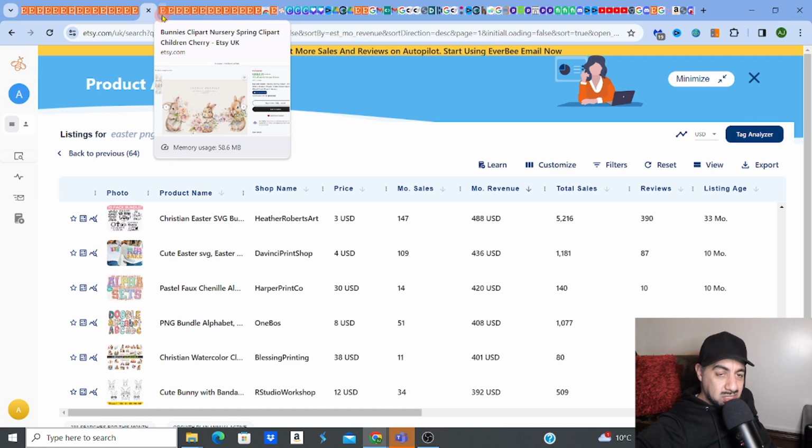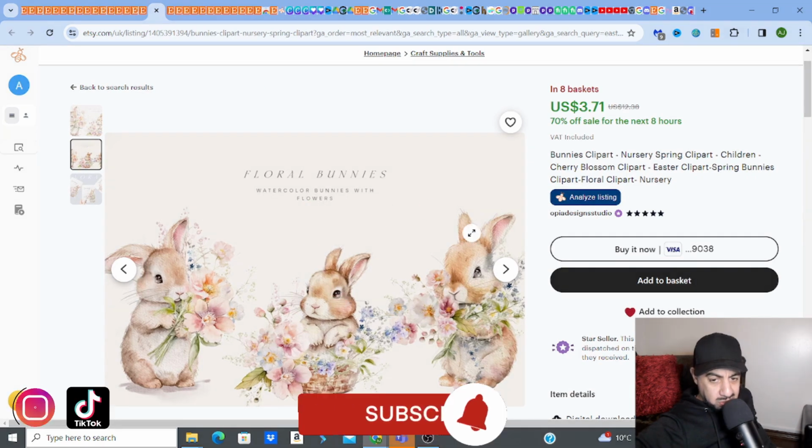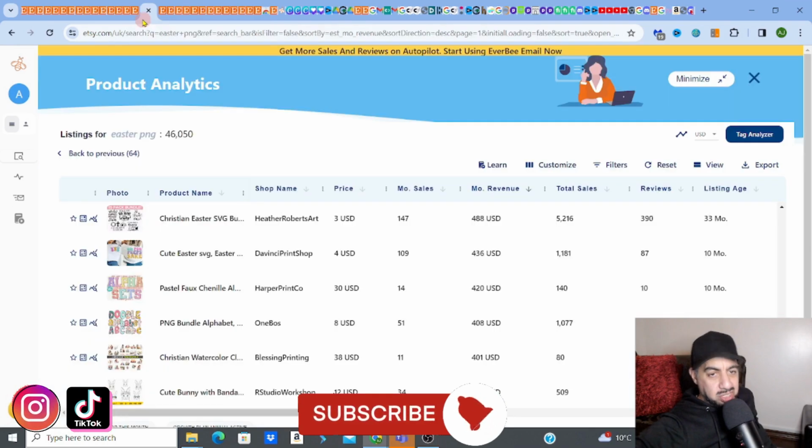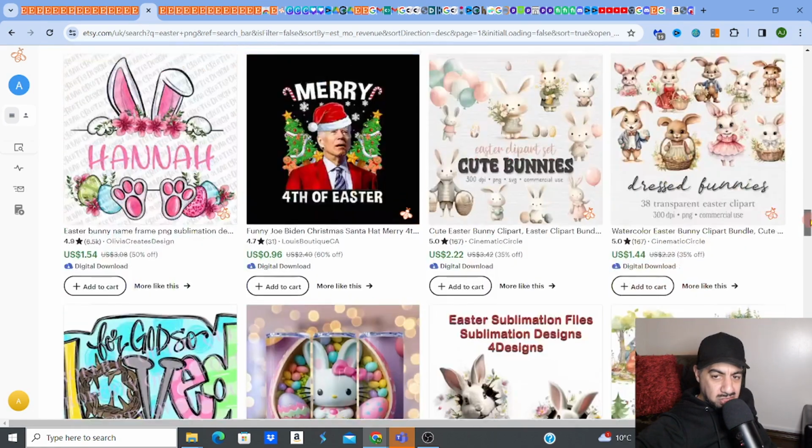So like I said, we looked at this one, which was actually quite decent for one actual clip art. It's very good. To be fair, it's three different designs there. There's three of those bunnies with florals, and you get the hint, you get the clues when you see what's on that first page when you type it in. So when I typed in Easter PNG, I kind of knew already because I looked at and saw what was being sold on that first page.